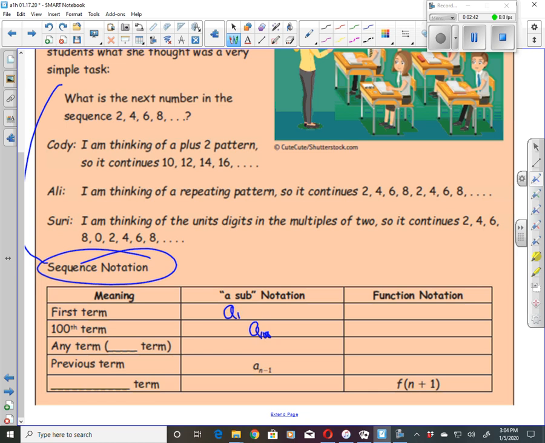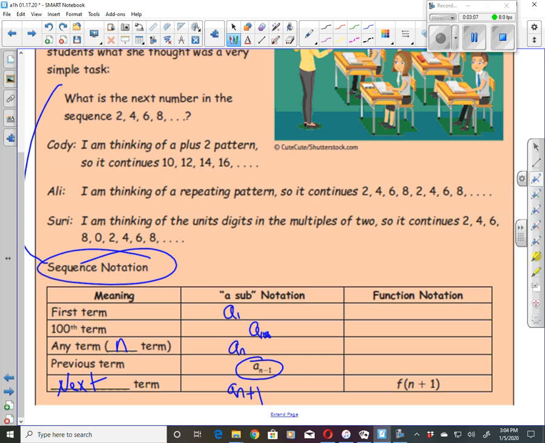Any nth term would just simply be a sub n. The previous term is a sub n minus 1, and the next term is going to be a sub n plus 1. That's your subscript notation.